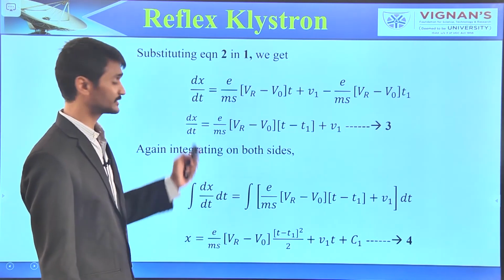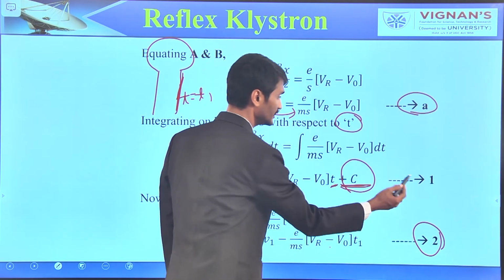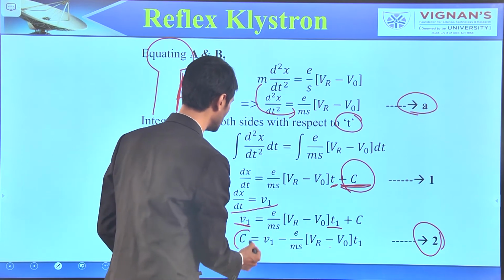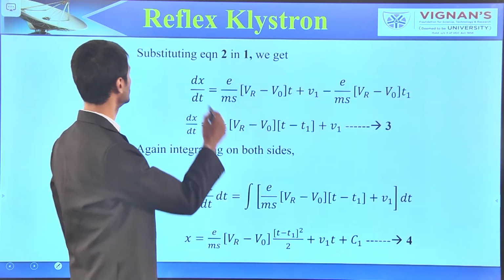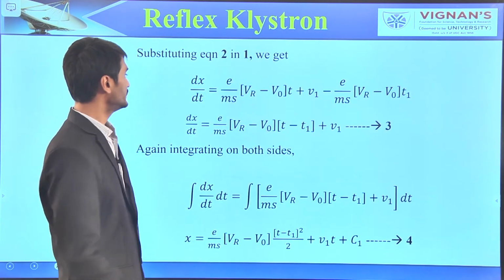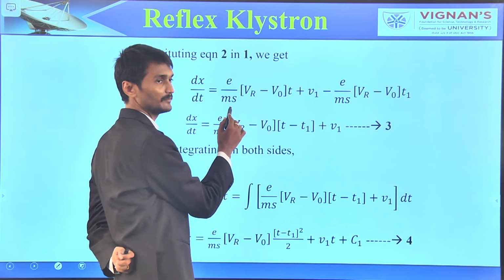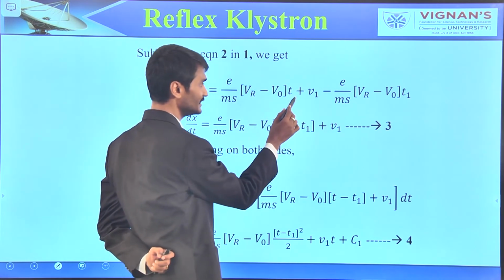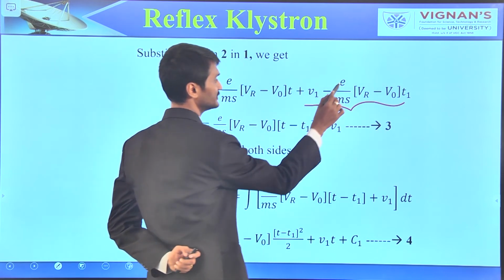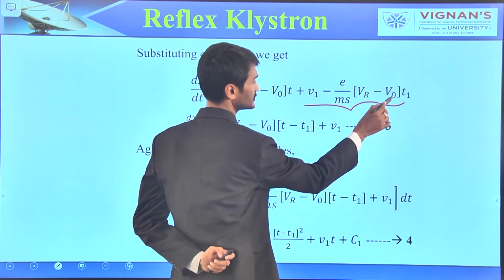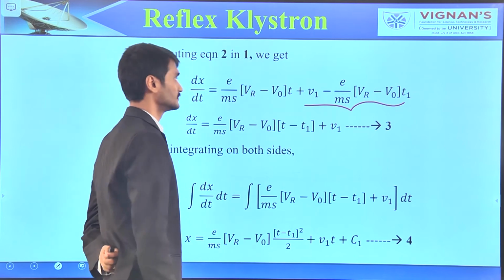So substituting this equation 2 in equation 1, that is, this constant value in this place, equation 1 will be dx by dt equals E by m s (Vr minus V naught) into t plus the constant value, here it is v1 minus E by m s (Vr minus V naught) into t1.